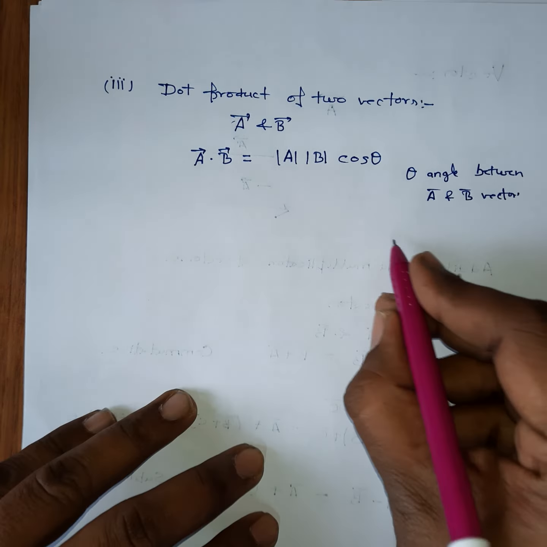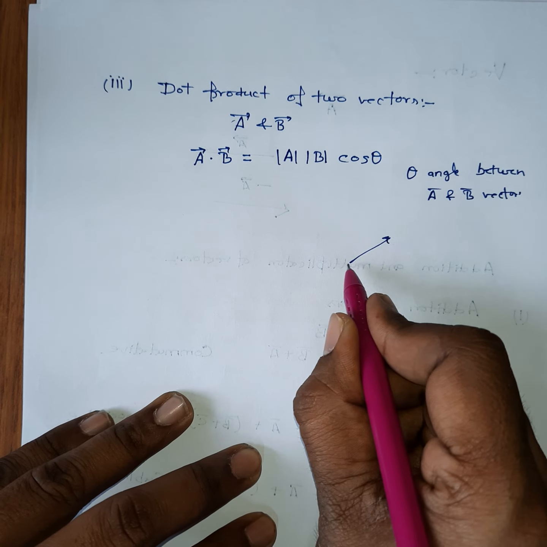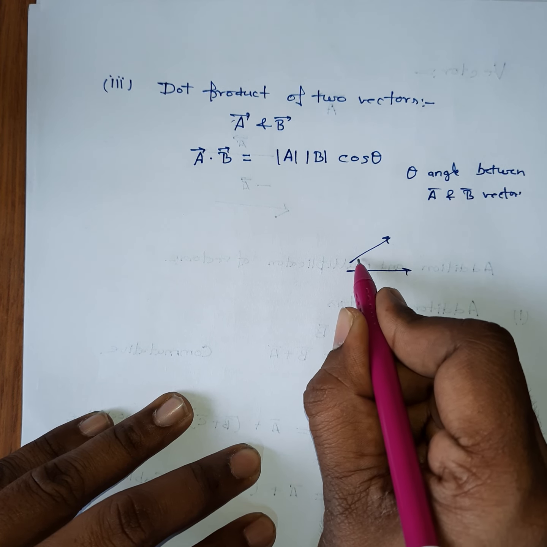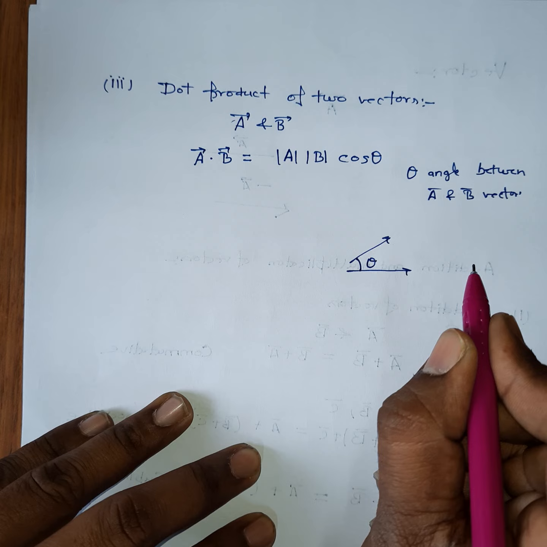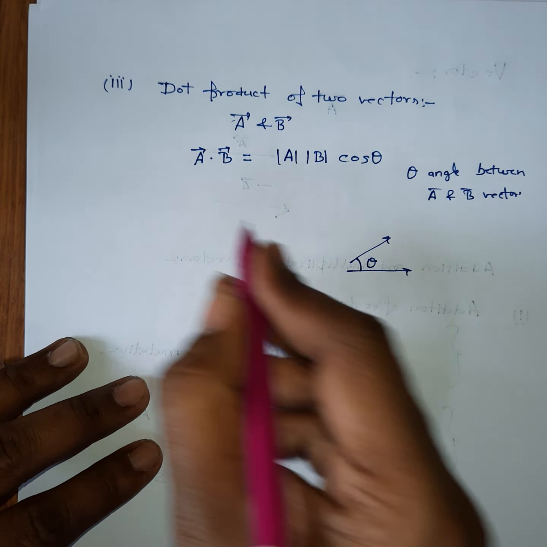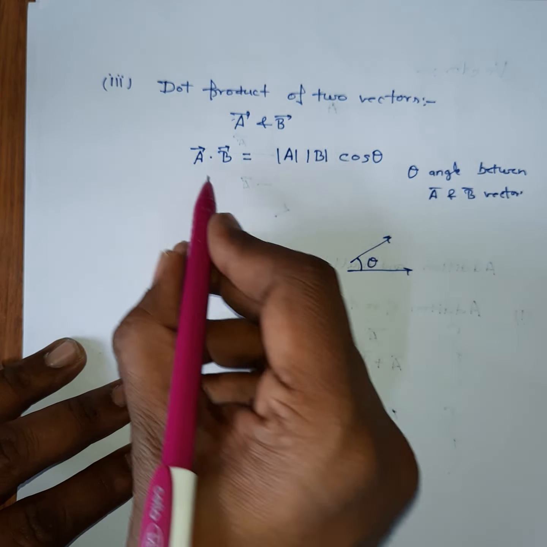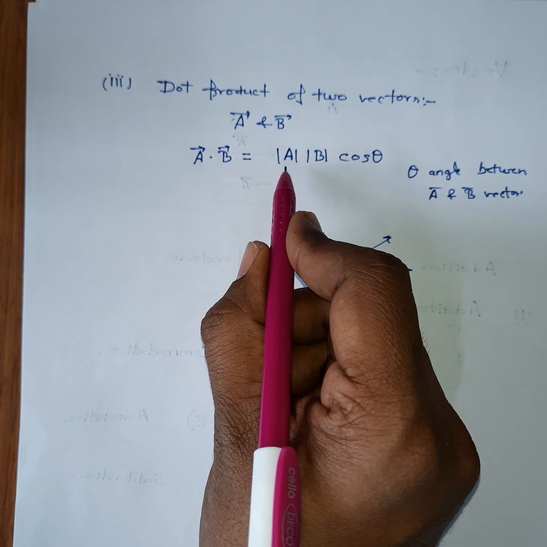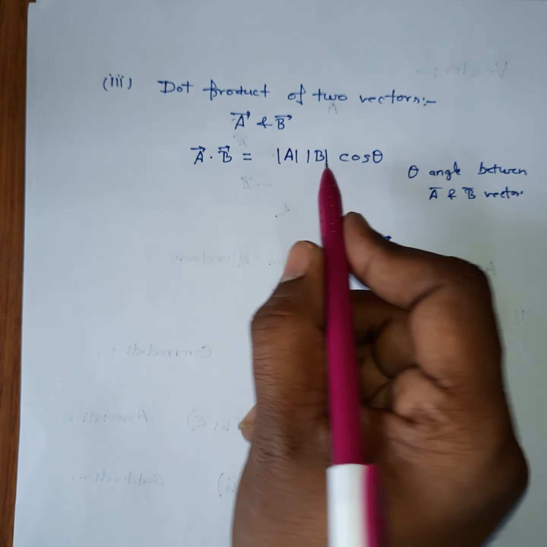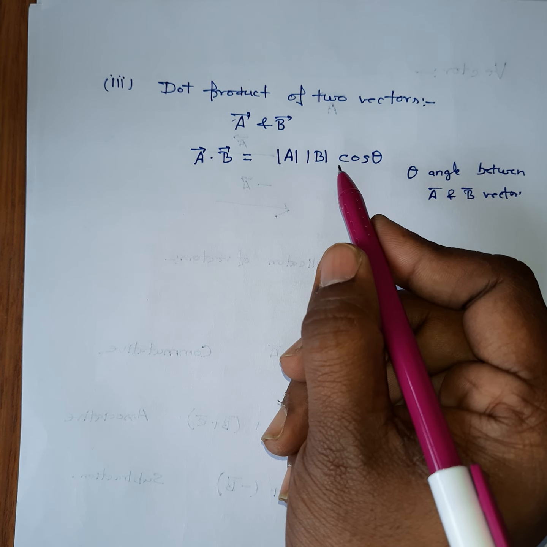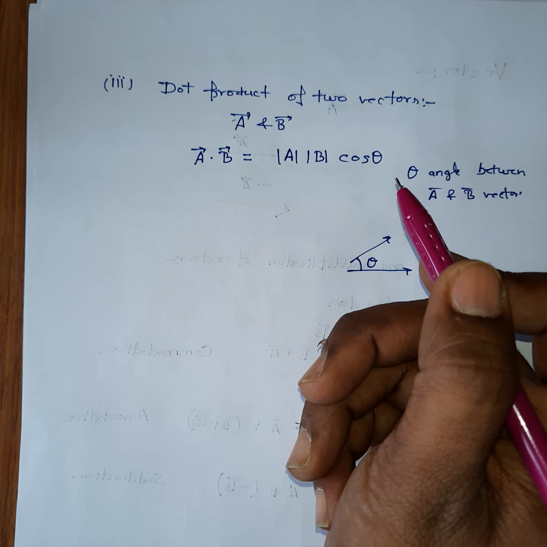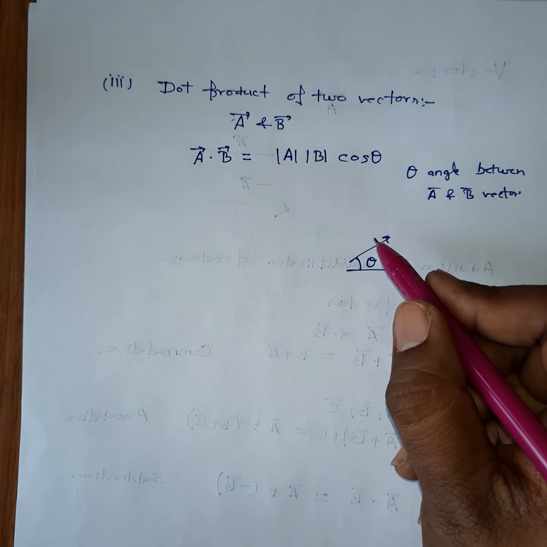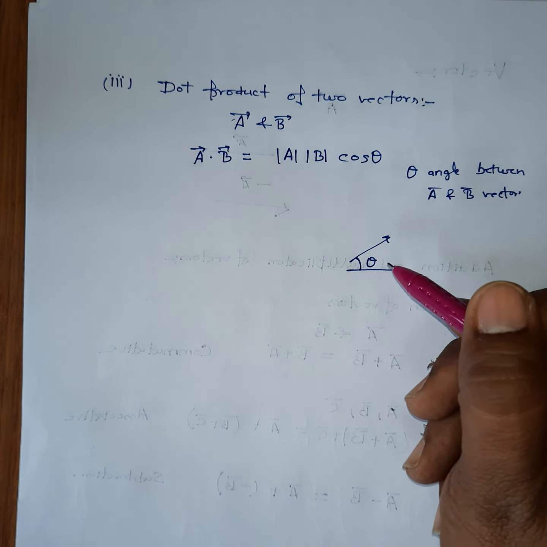So if A vector is in this direction and B vector is in this direction, then the angle between them is theta. Clear?